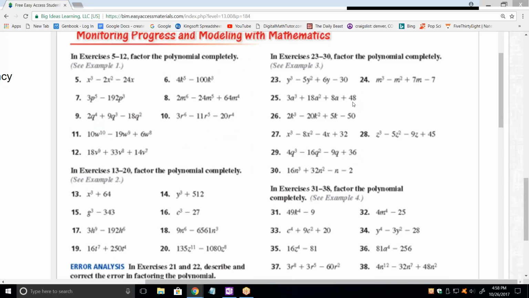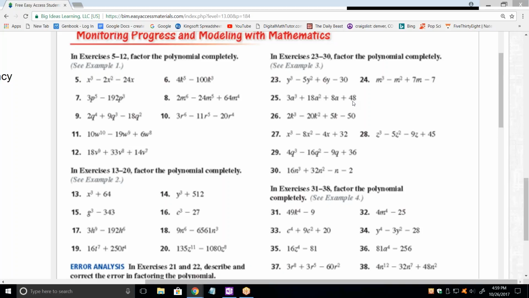25. Naturally, it's not any of those. In other words, 25 is not difference, sum of perfect squares or perfect cubes. 25 is a completely different type of problem. I don't even want to get started on it because it's more than a 3-minute problem.